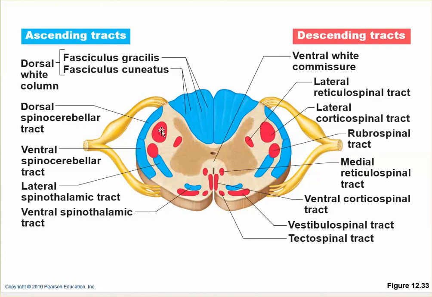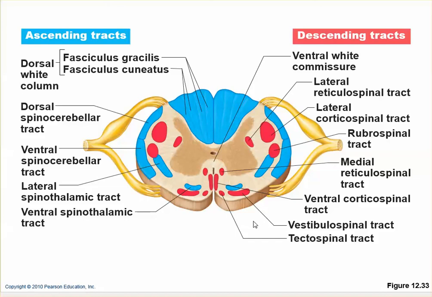Now the red ones are all descending pathways. They come from the brain and they come down. So the corticospinal tract here comes from the cerebral cortex, from the motor cortex to here. The reticulospinal tract comes from the reticular formation.